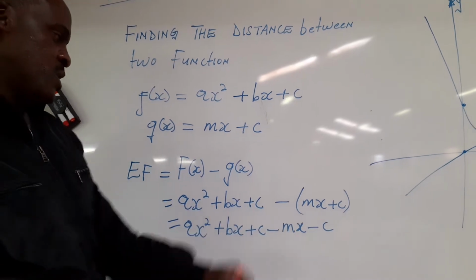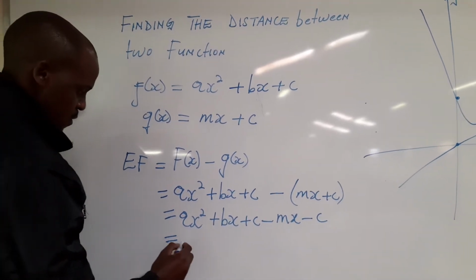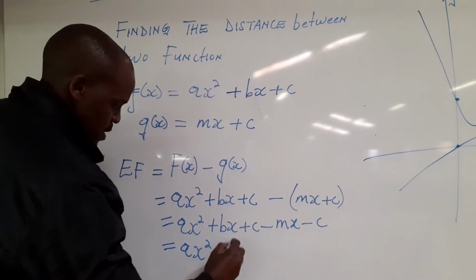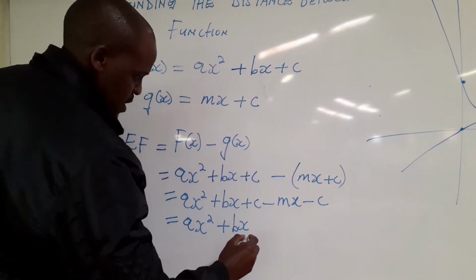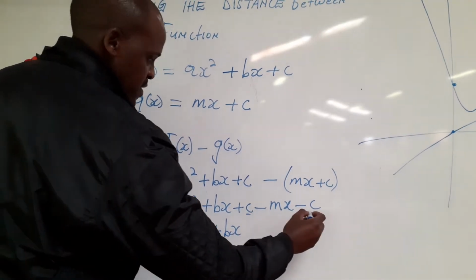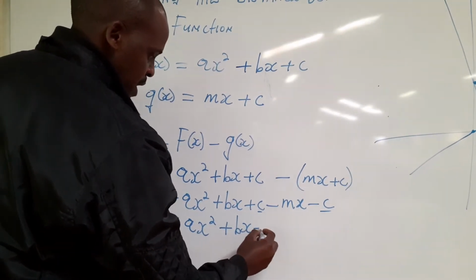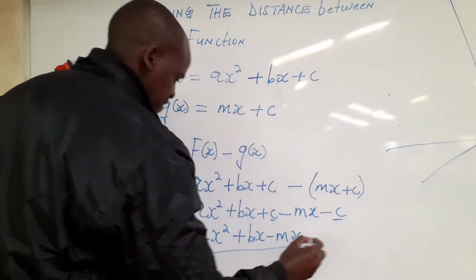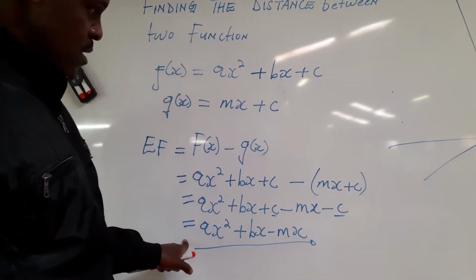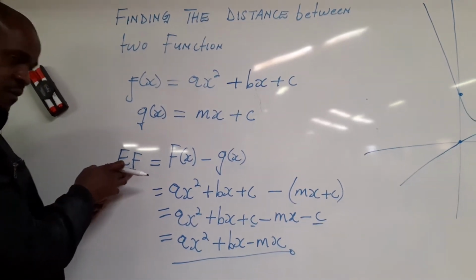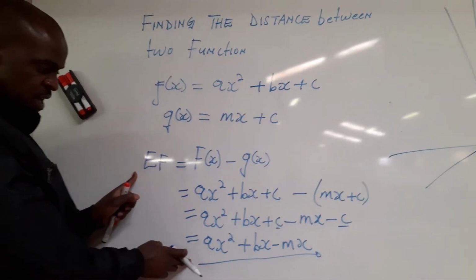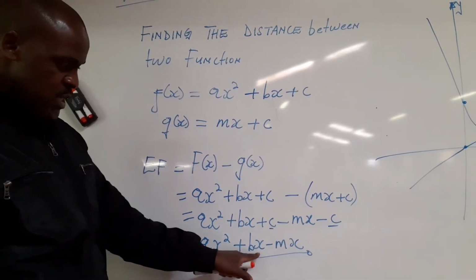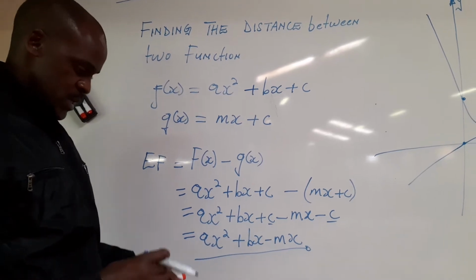Okay, c minus c. We are now having ax squared plus bx minus mx. This is the distance of EF. The length of EF will be given by ax squared plus bx minus mx.